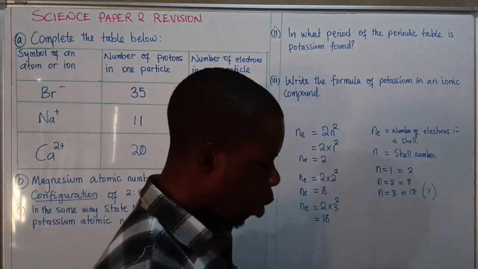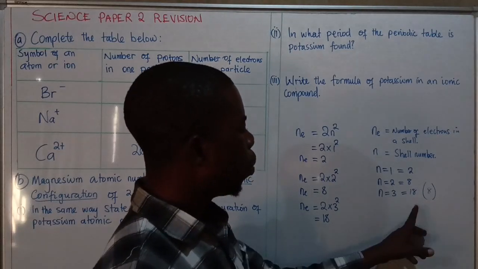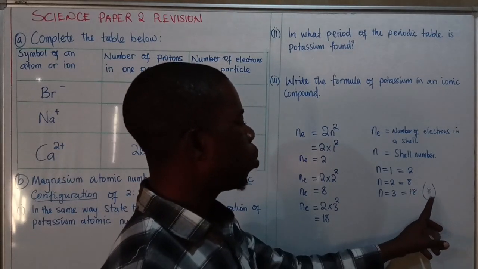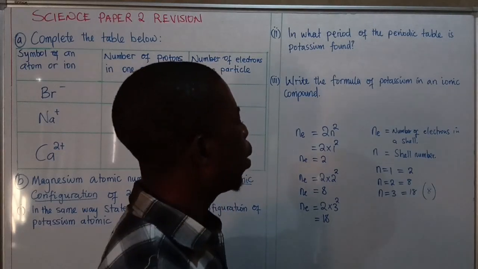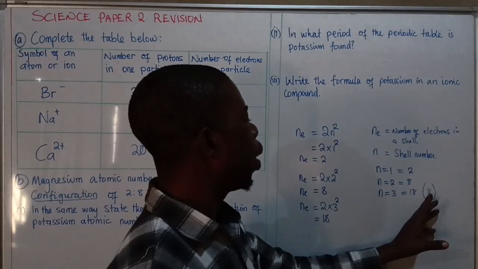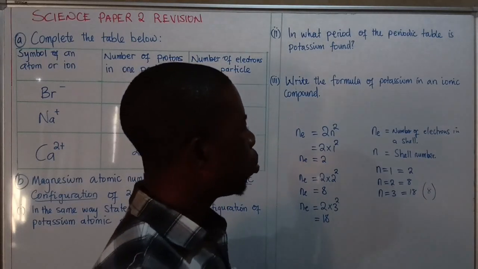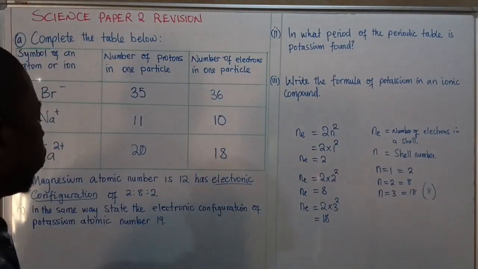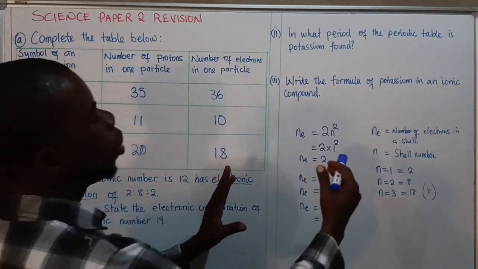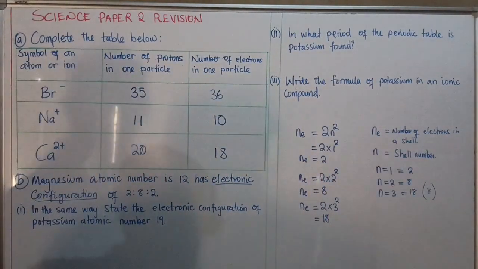If the number of electrons left as you are distributing electrons cannot make 18, but can make 8, then you can give shell number 3 8 electrons, and that would be stable as well. Having given you this background, we can now look at the question here.